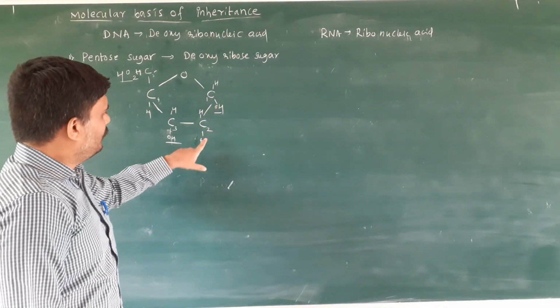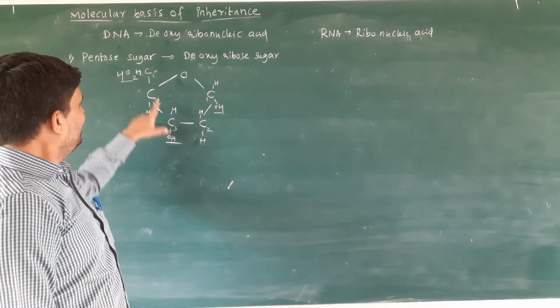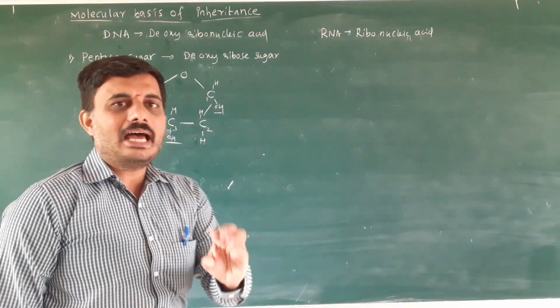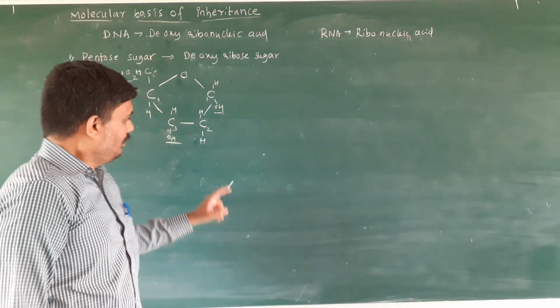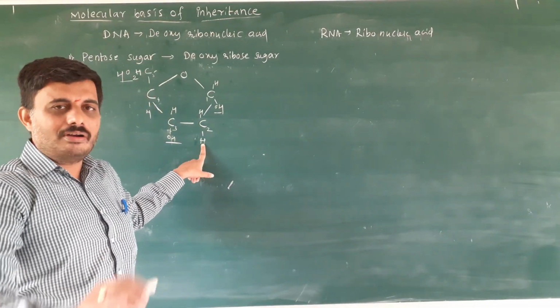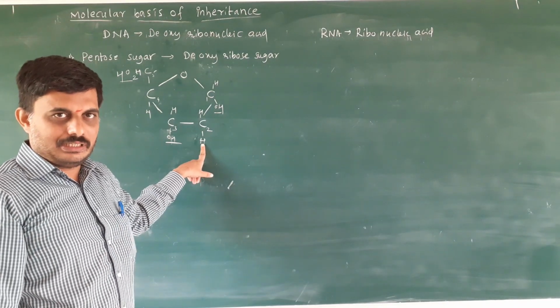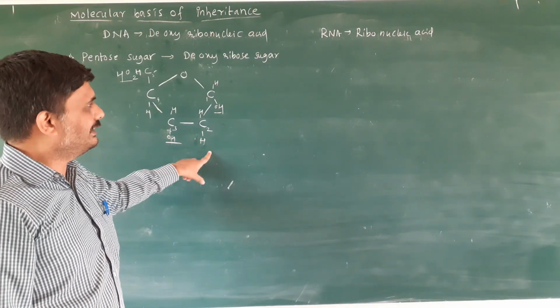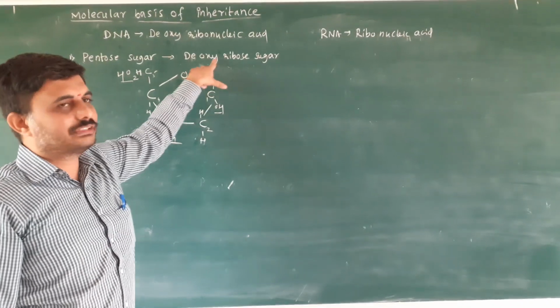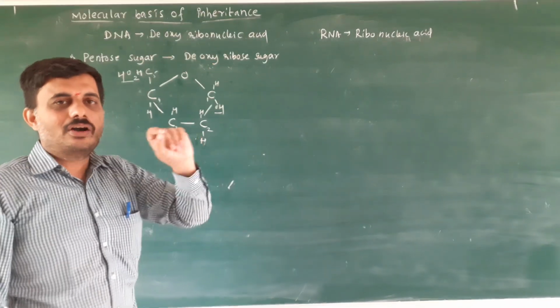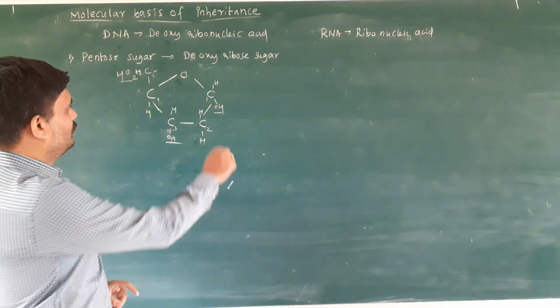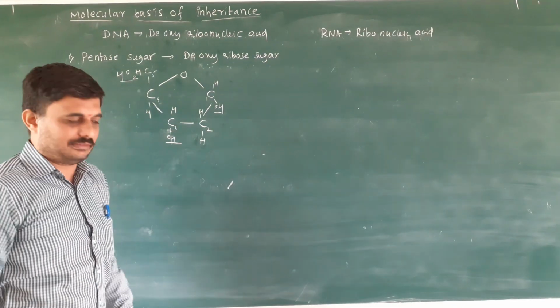Only at C1, C3 and C5 positions does it have an OH group. The second position does not have the OH group, thus it is called deoxyribose sugar. So that is the pentose sugar structure.